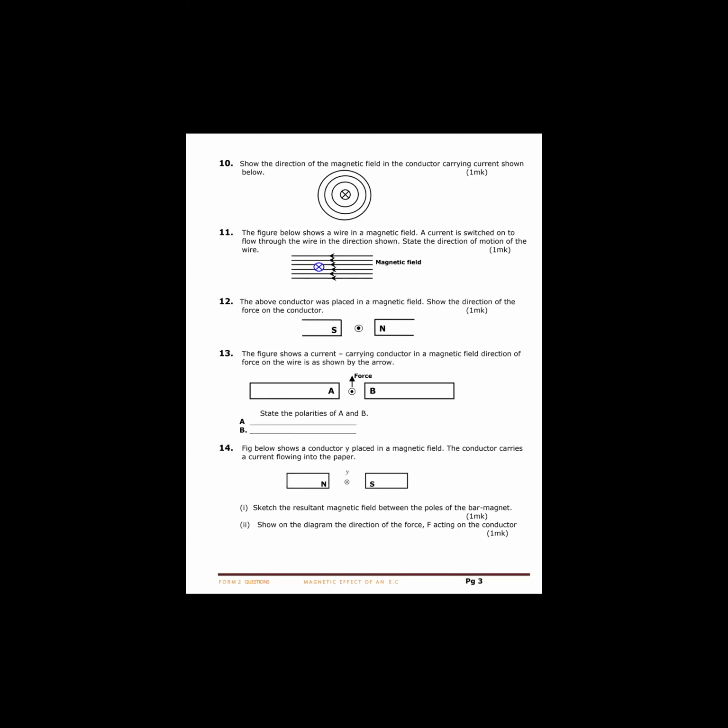There is something you should mention about magnetic strengths. Mention something about magnetic strengths. I'm not sure about that answer.